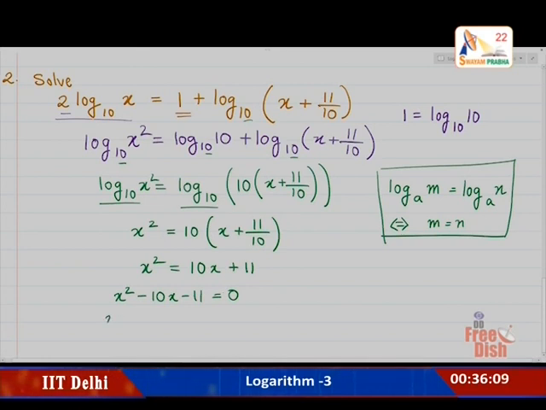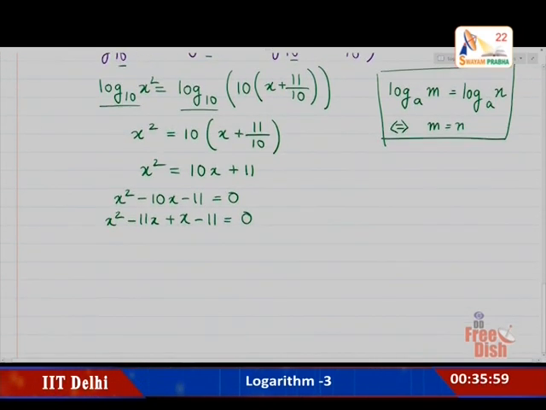We can easily factorize this, assuming x square minus 11x plus x minus 11 is equal to 0. Then what will be the factors? x minus 11 is one factor, and because the negative sign is retained, the other factor should be x plus 1. Just check once whether you get the same. So what should be my answer for x? x should be minus 1 or plus 11.